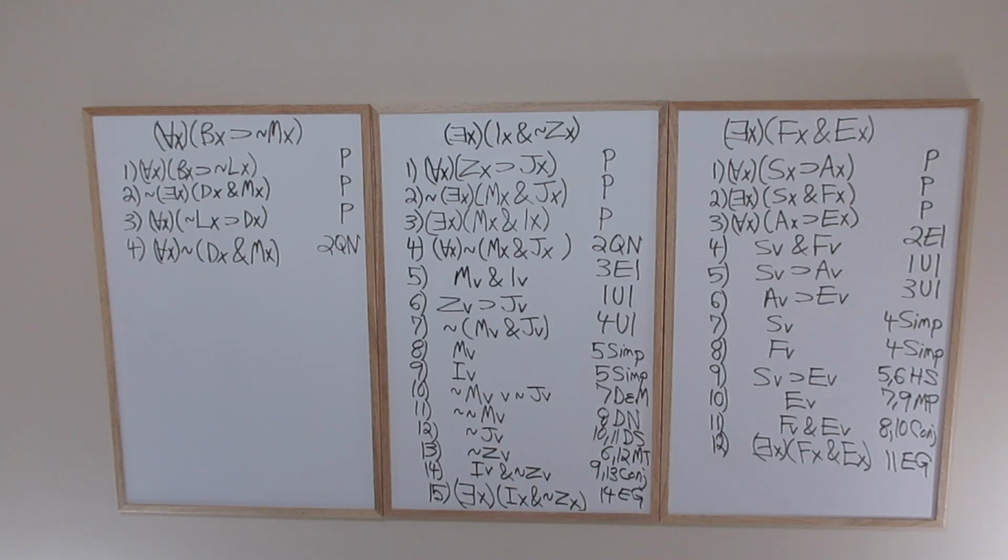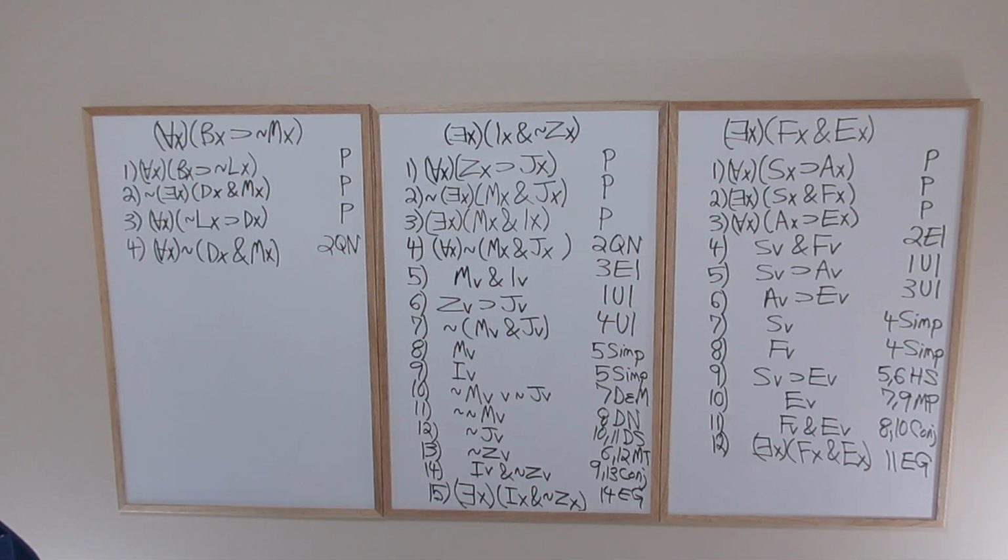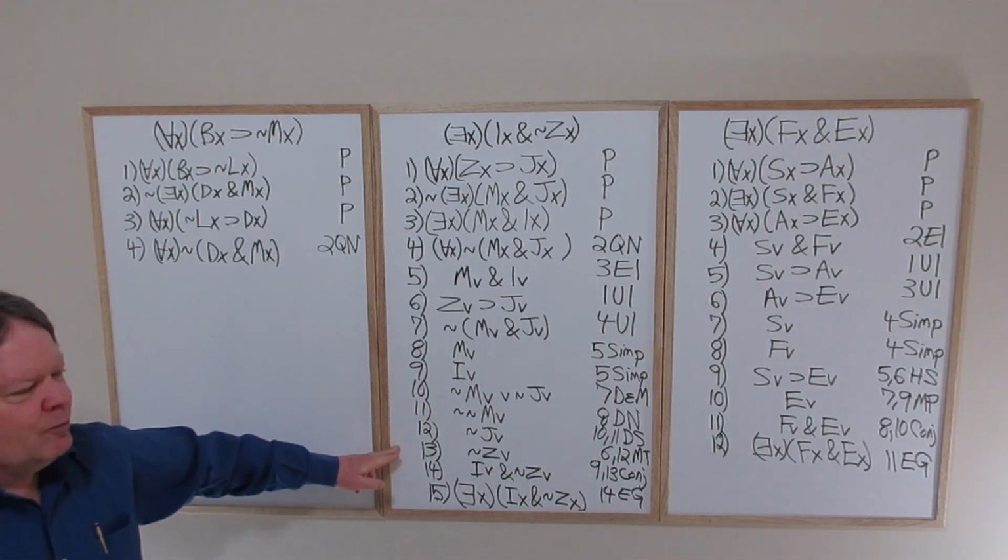So now I've got a situation where premises 1, 3, and 4 are all universally quantified, as is the conclusion. So this is going to be a case where, in order to get that conclusion, we're going to have to do a UG. So the requantification rule is going to be the one that has restrictions.